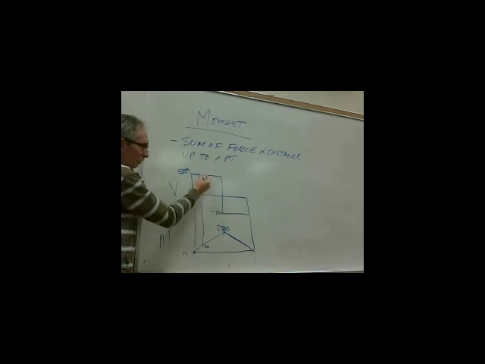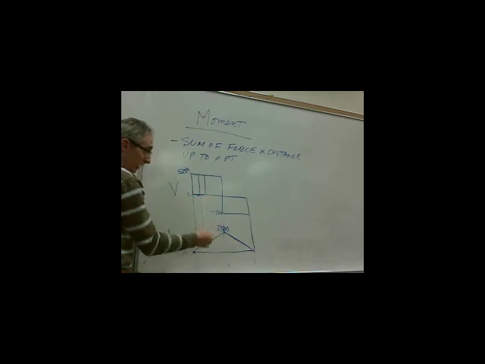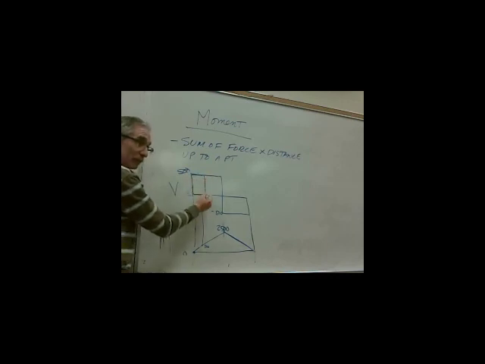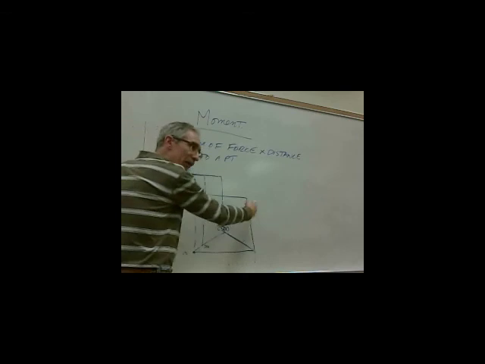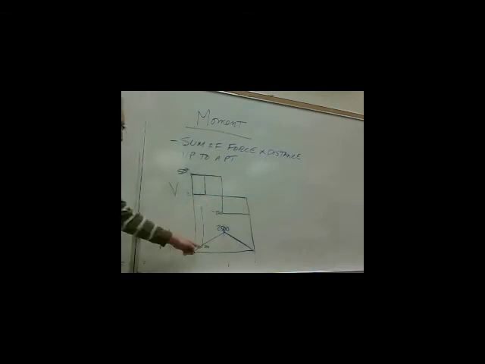What did you say the moment was when it was 2 feet out? You said 1,000, right? Well, look at this. What's the area here? 2 feet times 500 pounds, 1,000 foot-pounds. The area under the shear diagram is going to be your moment.